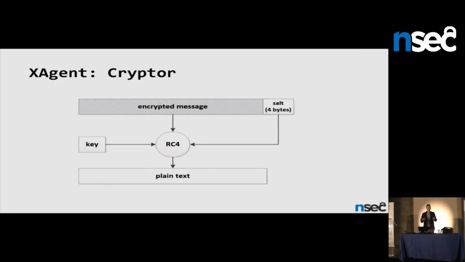When it encrypts a message, it generates random 4 bytes, concatenates them with the key, and uses this to encrypt the message. Then it appends this salt to the end of the message. So every time the same message is encrypted with the same key, the ciphertext is going to be different.